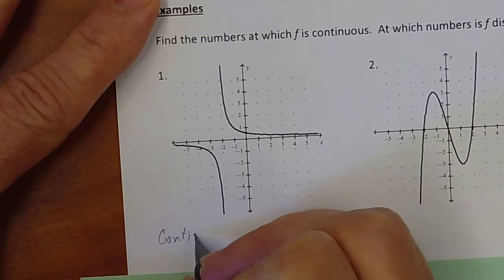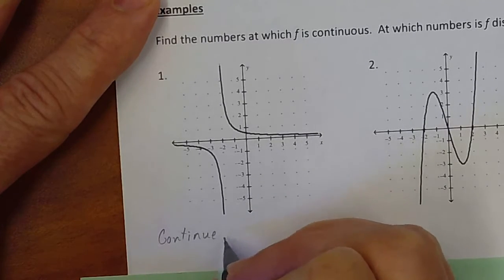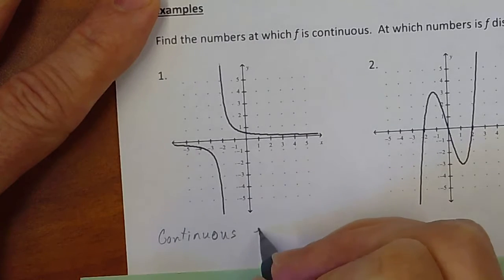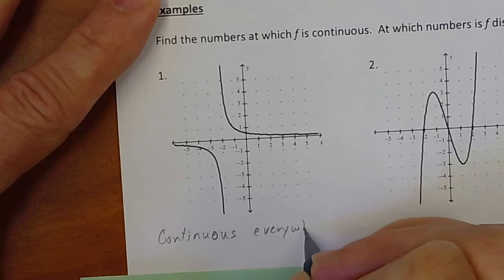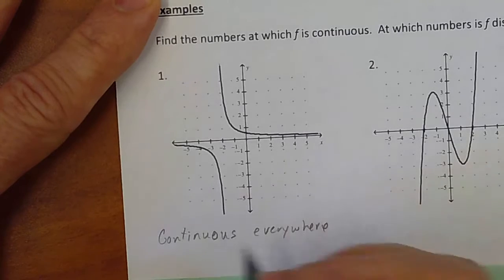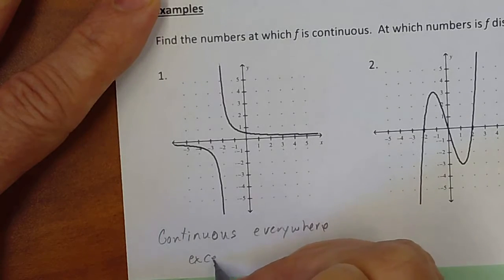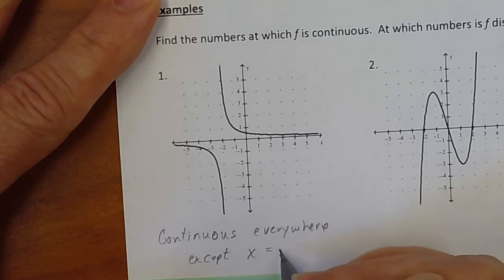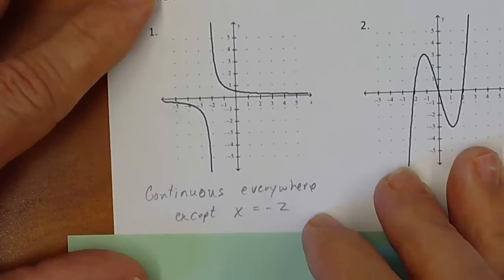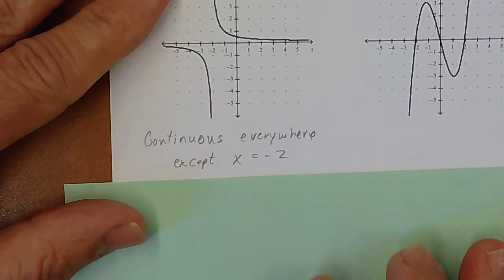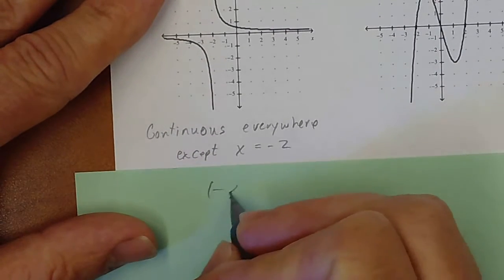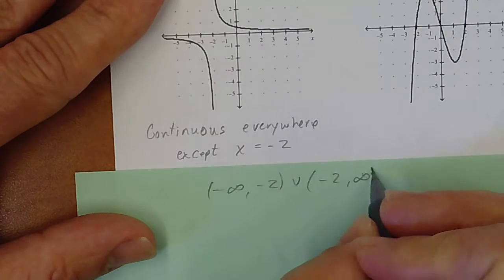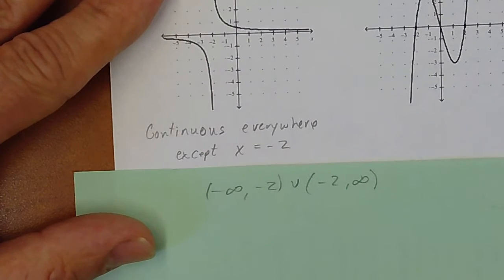It's continuous everywhere except x equals -2. Or we could use interval notation too, right? You could say continuous for -infinity to -2, and then the union of -2 to infinity. That would be another way you could explain that, okay?